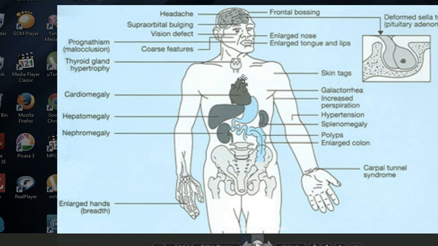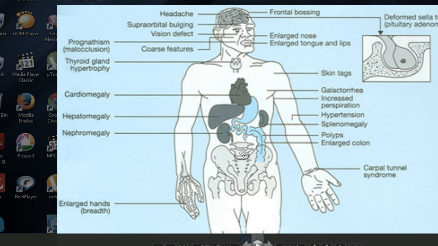Then in the body, it can cause enlargement of all the body systems: enlargement of the heart and cardiomyopathy, so we have to ask about cardiac symptoms, enlargement of the liver, enlargement of the kidneys.